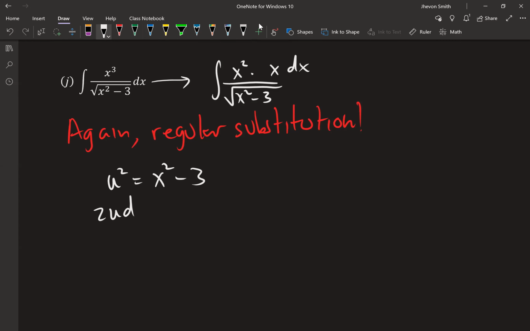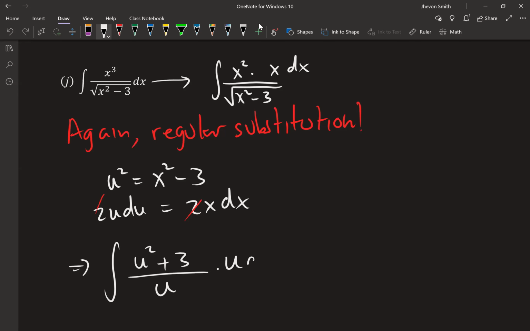My 2u du is going to be 2x dx. You can cancel the 2's from both sides. And you start plugging those in. So here, your x squared is u squared plus 3. The denominator is u, and your x dx is u du. These cancel.